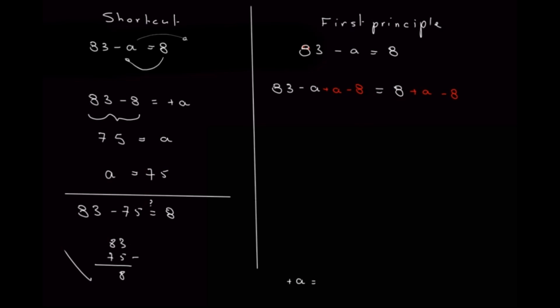Okay, so this little lot here becomes 0, and that becomes 0. So we end up with 83, that is 0, remove 8, equals, that becomes 0, so we're just left with positive a. People don't bother to write the positive.